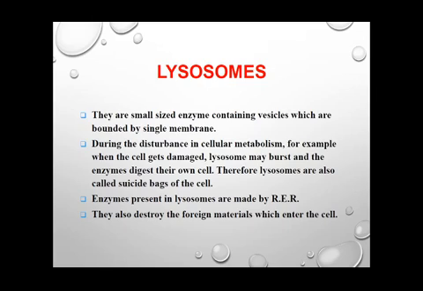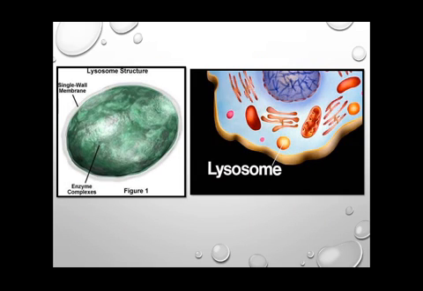The enzymes present inside the lysosomes are made by the rough endoplasmic reticulum, and the lysosomes also help in the destruction of foreign materials if they enter the cell. Now this is the structure of the lysosome.